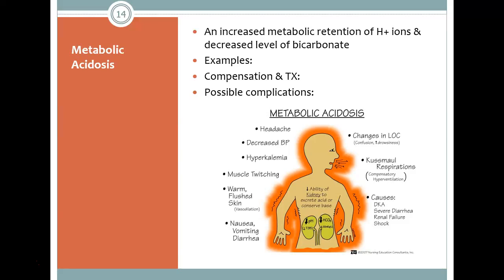You will see muscle twitching, their blood pressure will be low, and they will be hyperkalemic. And the body attempts to correct this imbalance by having a compensatory hyperventilation. And those respirations we refer to as Kussmaul respirations. Remember, that is a compensatory hyperventilation due to the metabolic imbalance that's happening in the body.